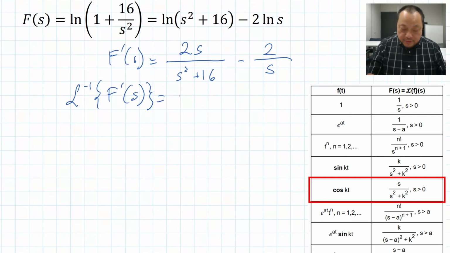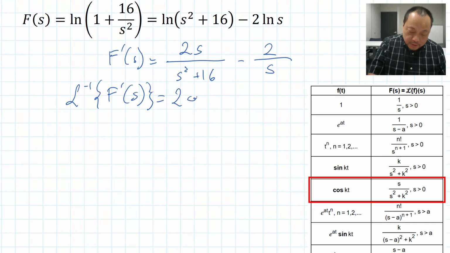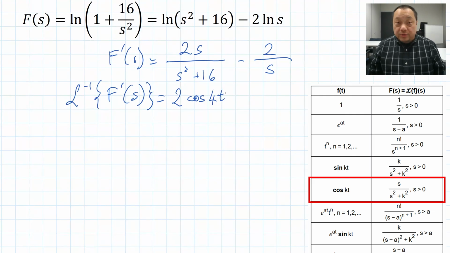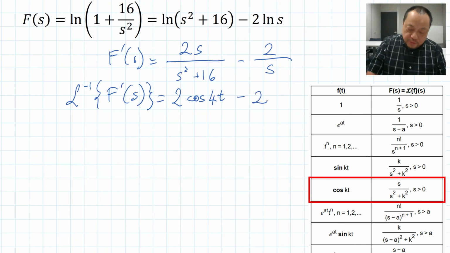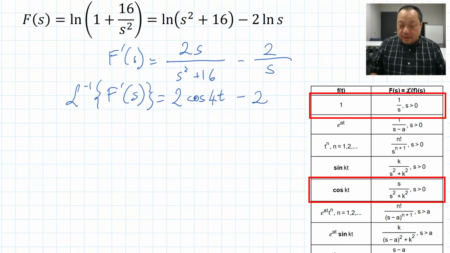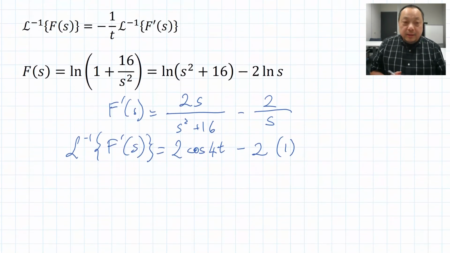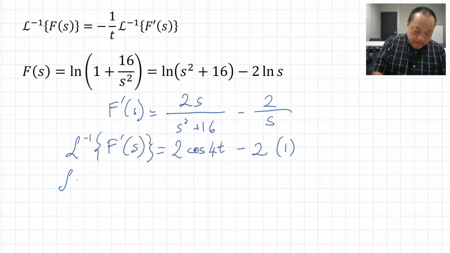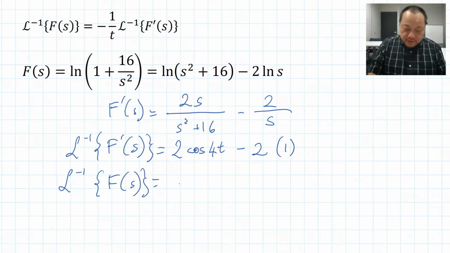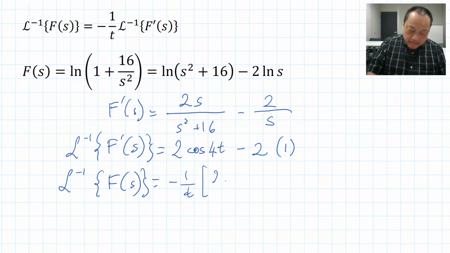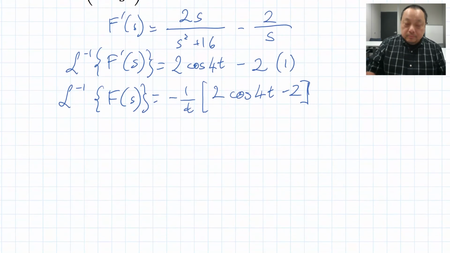So the inverse Laplace of the first term is 2 times cosine of 4t, where k squared is equal to 16, so k is equal to 4, minus 2 times the inverse Laplace of 1 over s, which is just 1. And now plug in this formula. Negative 1 over t times all of this. And I'm done.